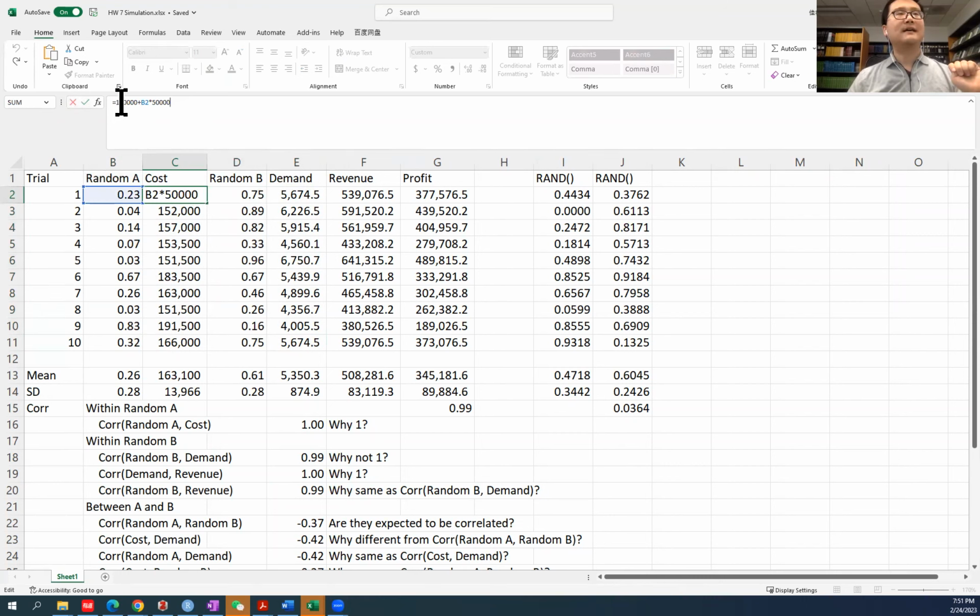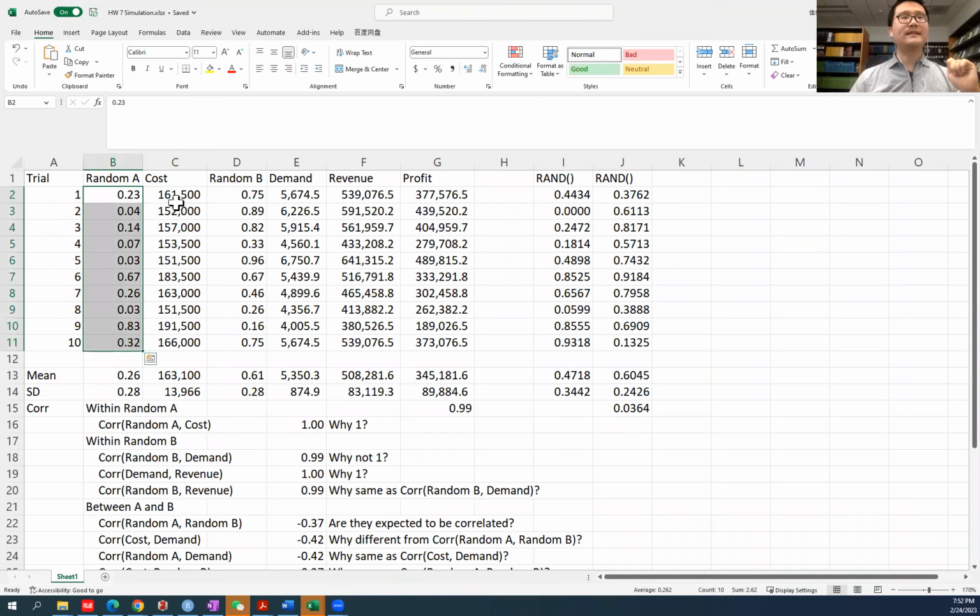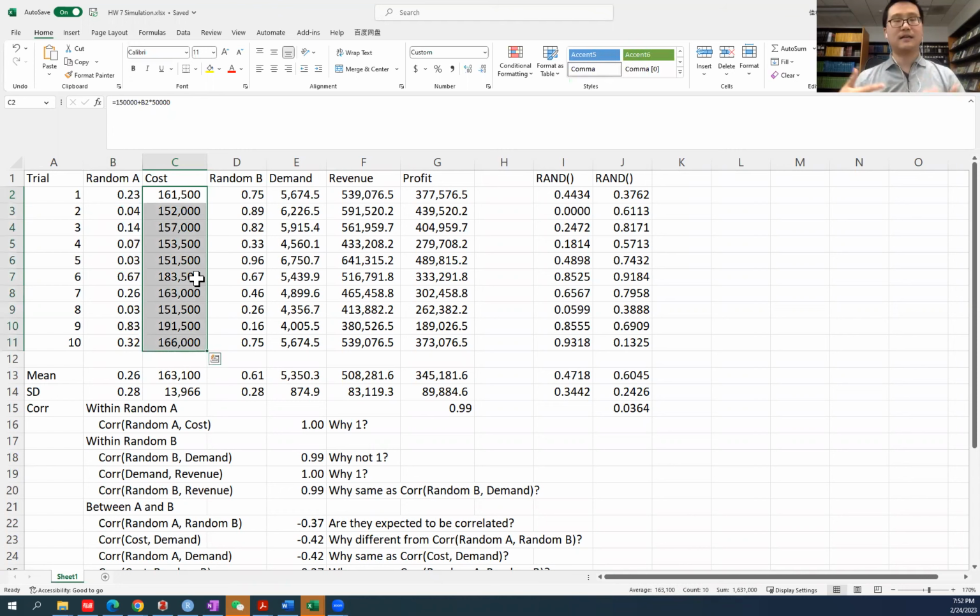So we simply take the minimum plus the product between this cumulative probability and the range, that's the difference between the maximum and minimum value in the uniform distribution. So we are transforming a 0 to 1 probability to a 150,000 to 200,000 cost. So it's like a linear transformation.